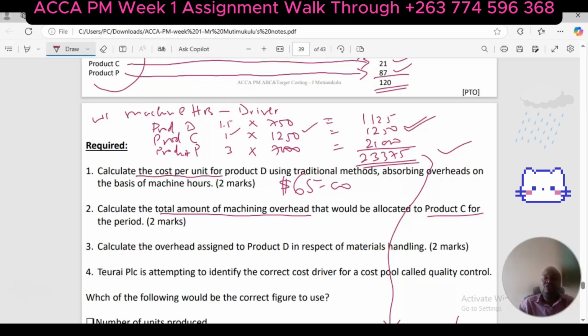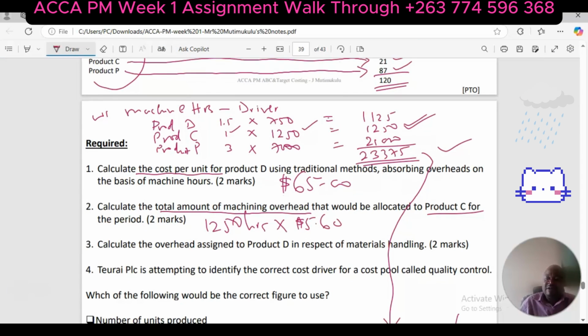So 1250 hours multiplied by the new cost per machine hour, which is $5.60.